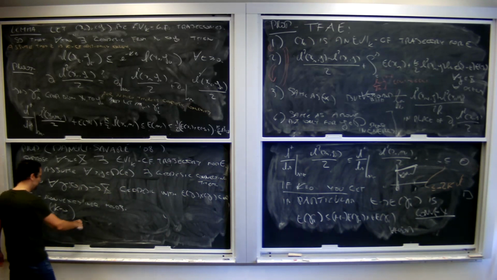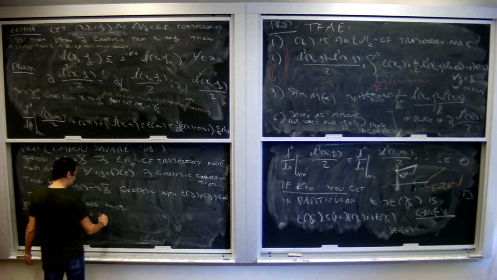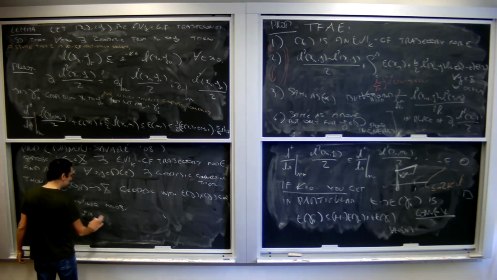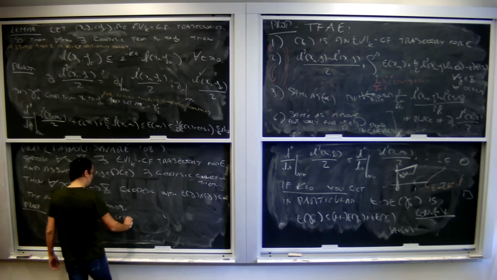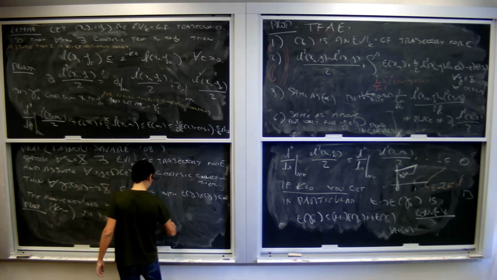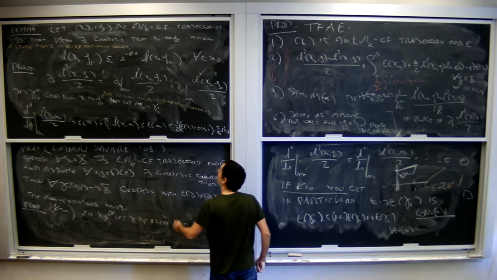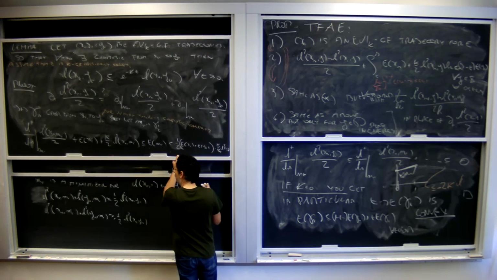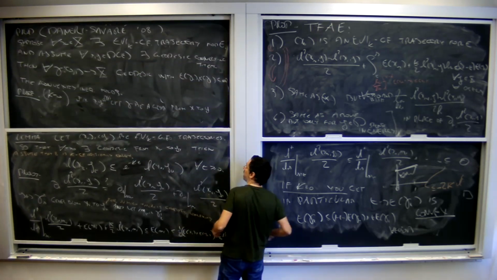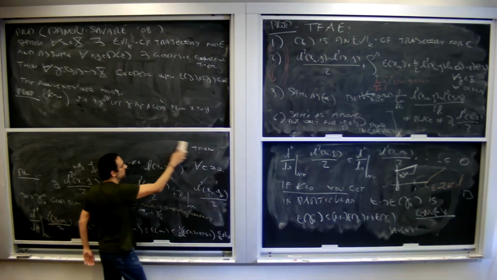Well, I fix x and y, and let gamma be a geodesic connecting them with finite energy. Since gamma is a geodesic, let me check the convexity inequality at time 1/2.